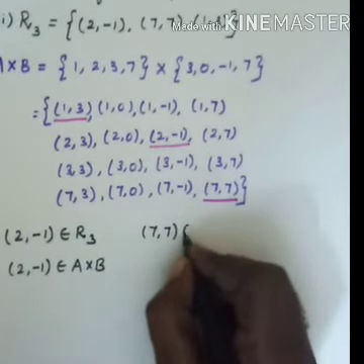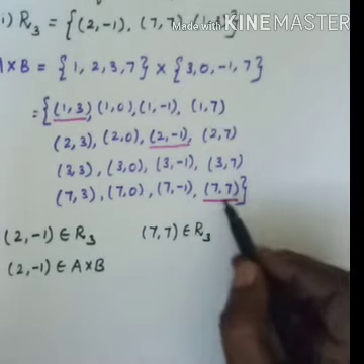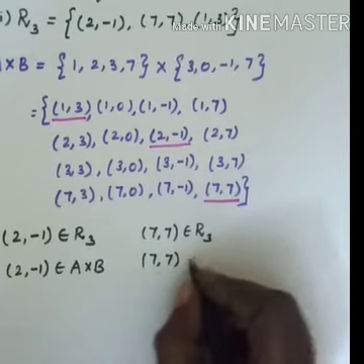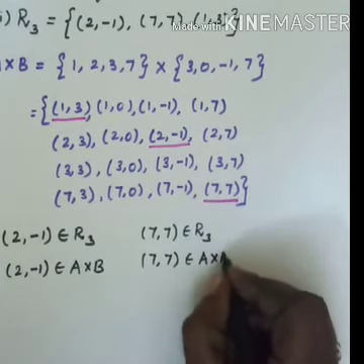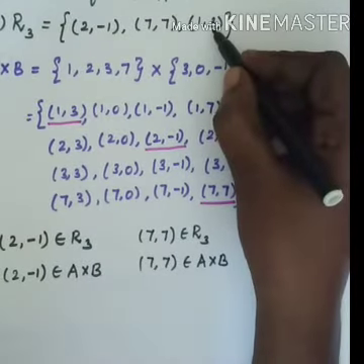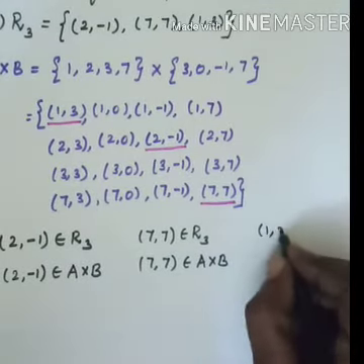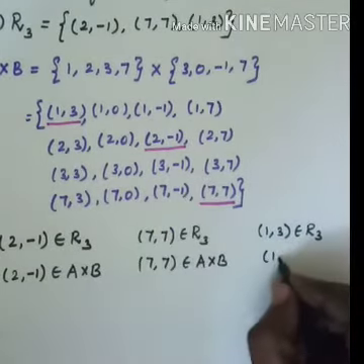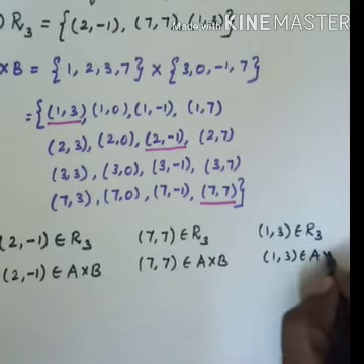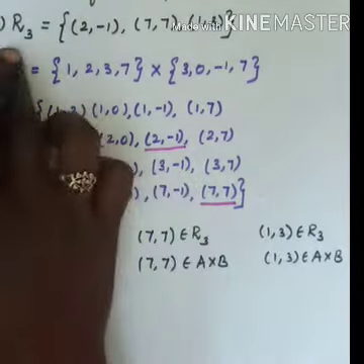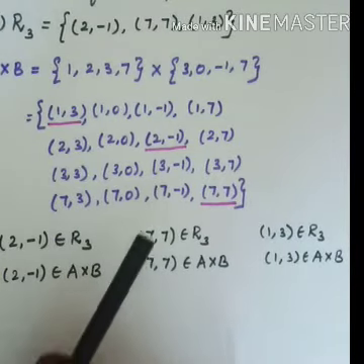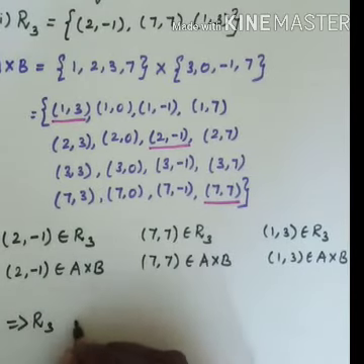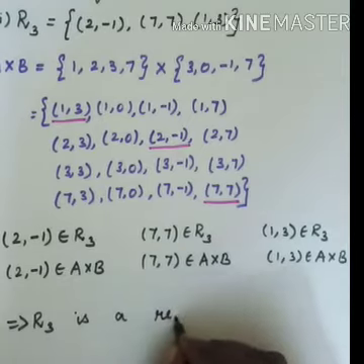Also (7, 7) belongs to A cross B. And the last element in R3 is (1, 3). (1, 3) belongs to R3. Also (1, 3) belongs to A cross B. So, all the elements in R3 also belong to A cross B. So, we can say R3 is a relation from A to B.